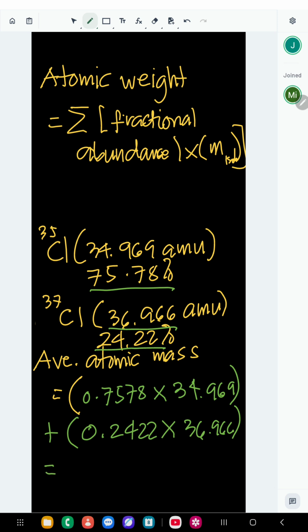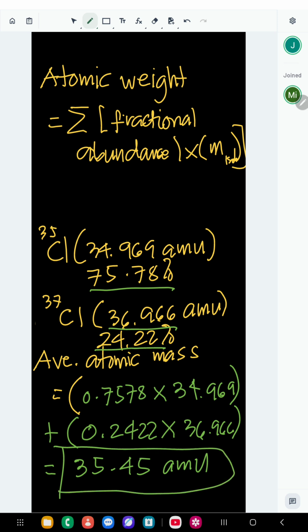You calculate that with your calculator, and then you get 35.45 atomic mass unit. So now this is the average atomic mass of chlorine, of the given two isotopes of chlorine. You got that?